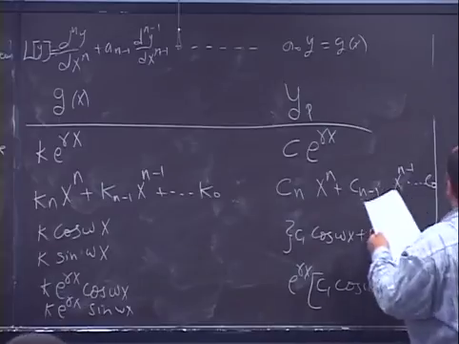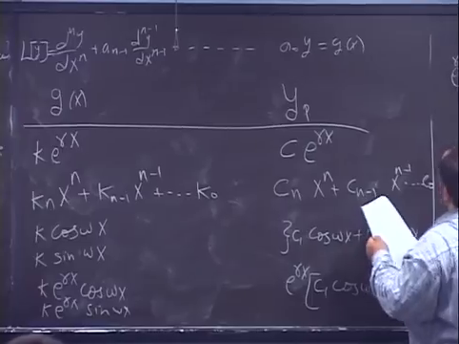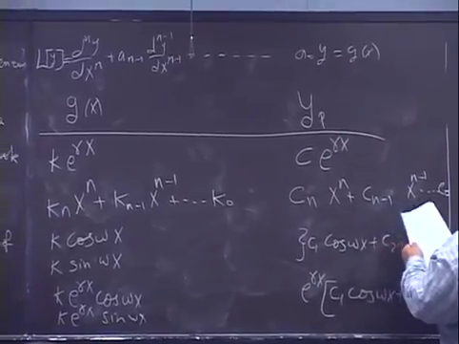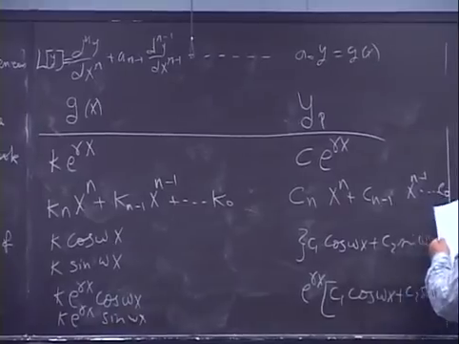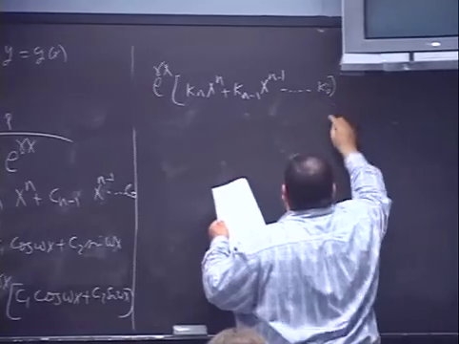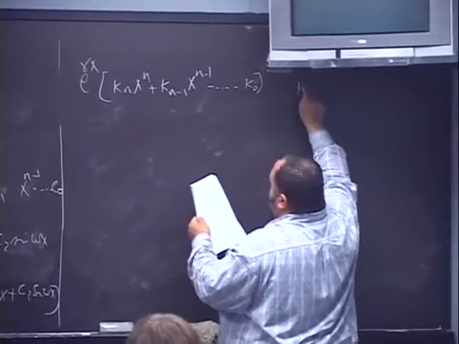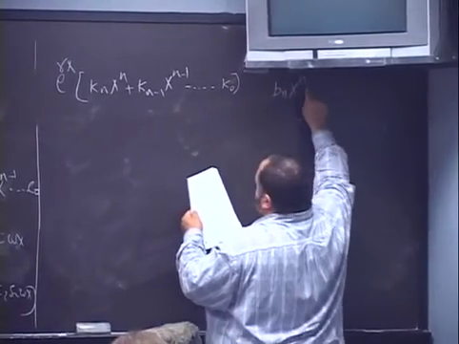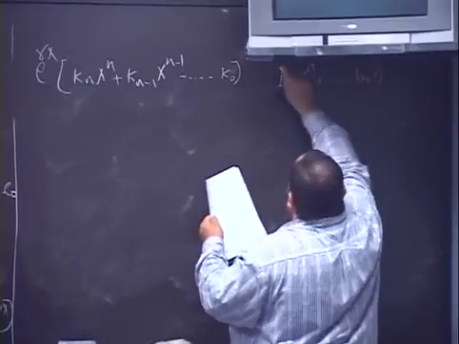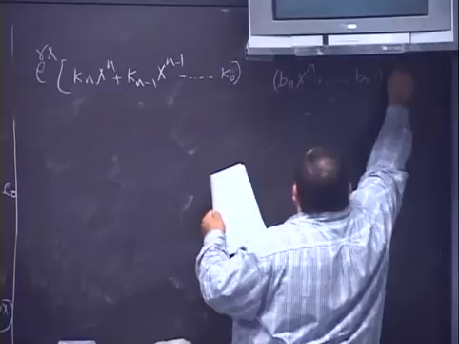If it is e to the power of gamma x multiplied by k_n x to the power of n plus k_{n-1} x to the power of n minus 1 up to k_0, we'll look for a solution that's b_n x to the n plus up to b_0, all multiplied by e to the power of gamma x.